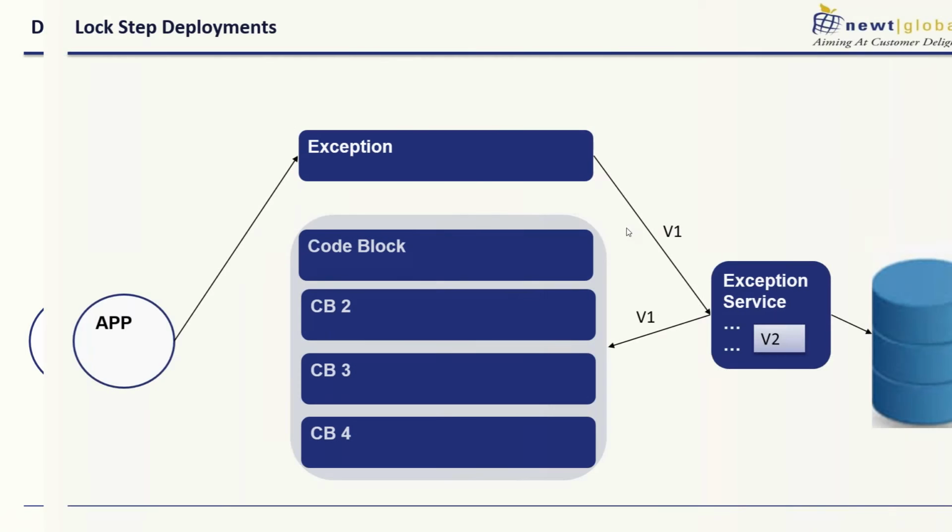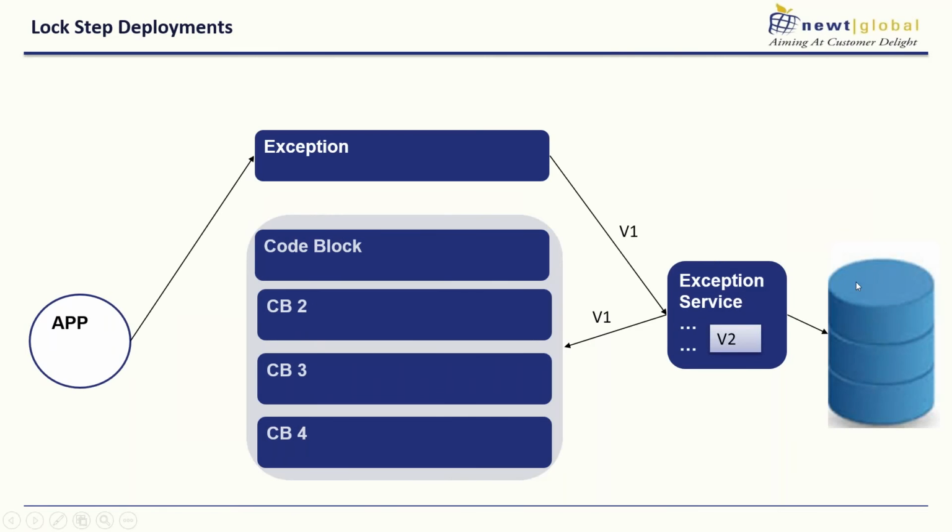Okay. However, this creates a lockstep deployments scenario. Let us say for argument that I have made the exception service version 2.